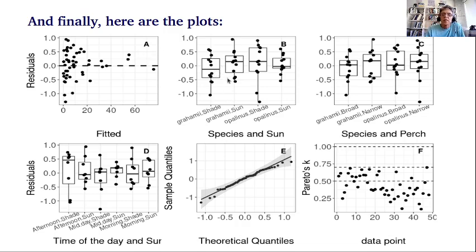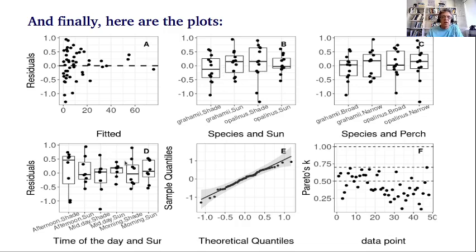In the next three plots, B, C, and D, showing the combinations of levels of categorical explanatory variables, we by and large see that the median of the residuals is not too dissimilar from zero, and that often, but not always, the variation, the width of the boxes indicating the variation of the residuals, is not too dissimilar for some of the combinations, but perhaps for others, yes.